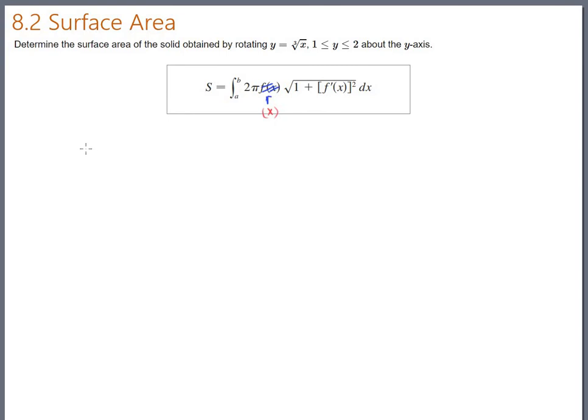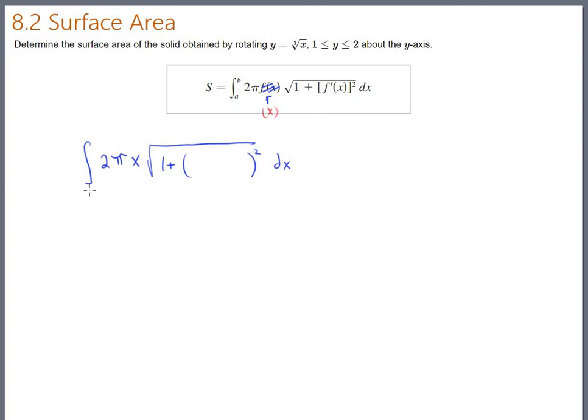So we are rotating, 2 pi radius, and then the square root of 1 plus the derivative of the function squared dx. We are going to have to work out the derivative of the function squared.